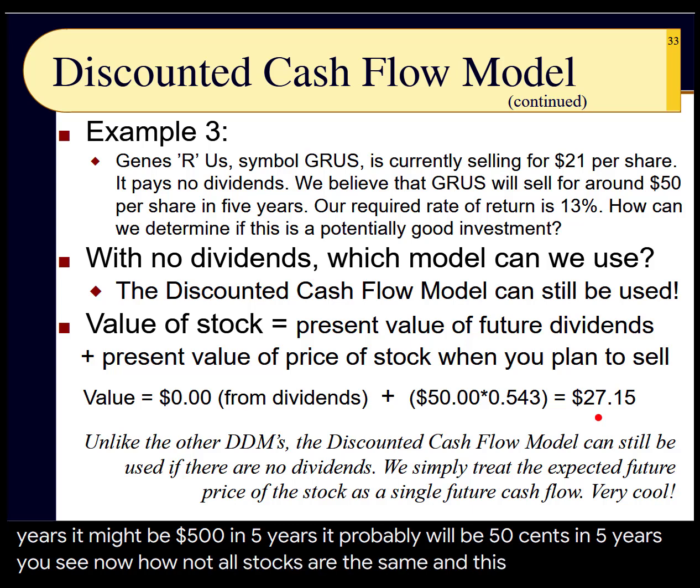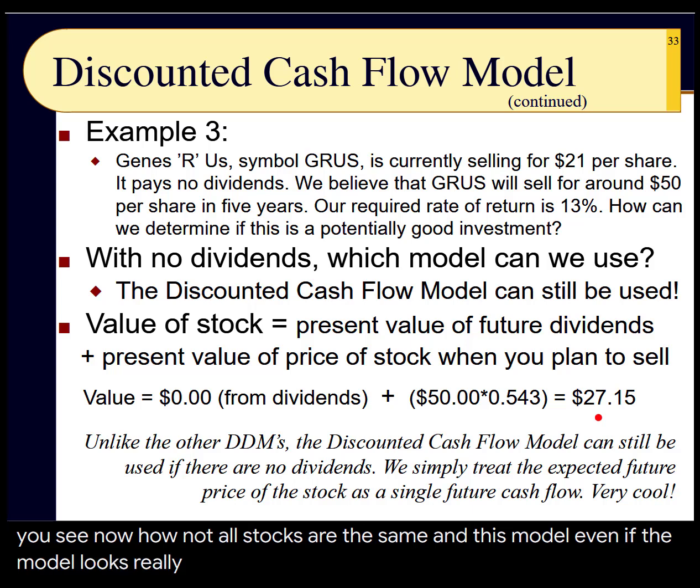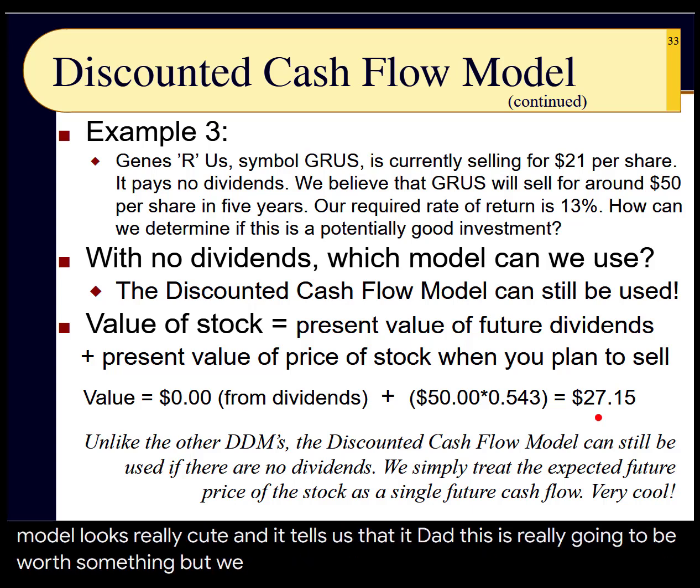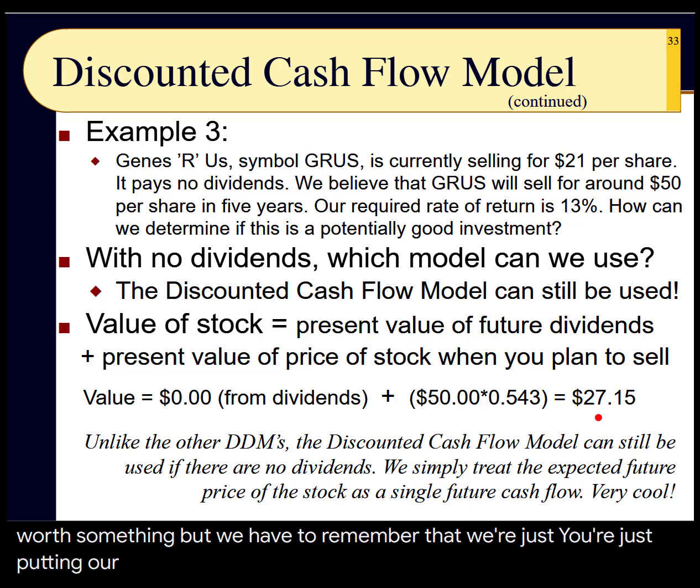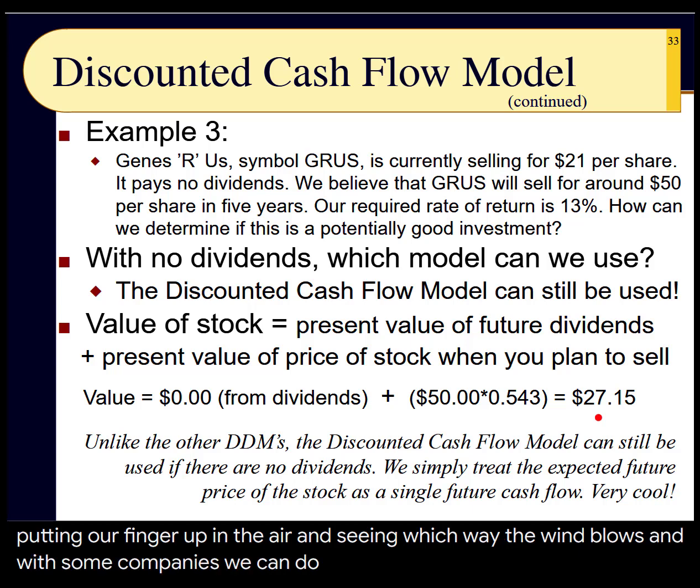And this model, even if it looks really cute and tells us that this is really going to be worth something, we have to remember that we're just blowing smoke here. We're just putting our finger up in the air and seeing which way the wind blows. And with some companies, we can do a whole lot better job of that than with other companies.